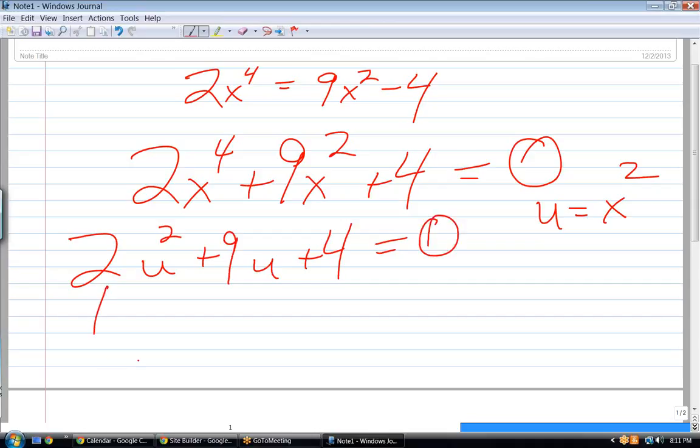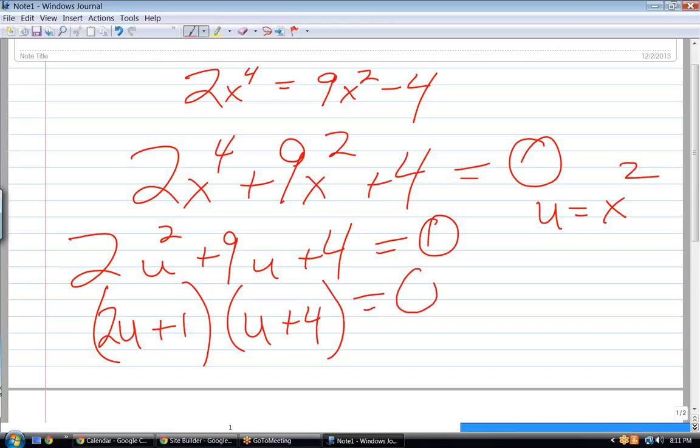That factors easily into 2u plus 1 times u plus 4, which gives you 8u, 9u. So u equals minus 4 or u equals minus 1/2.